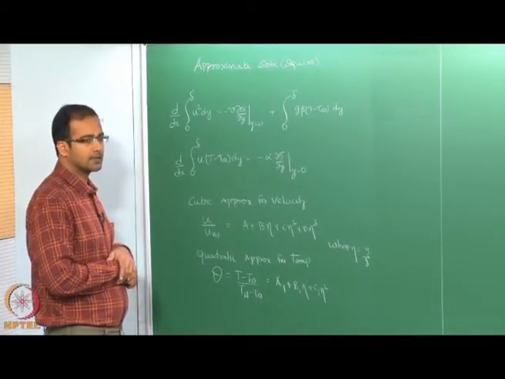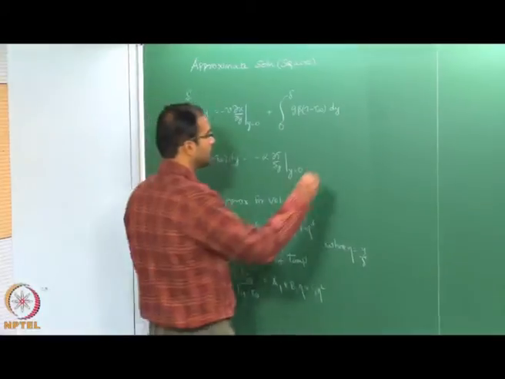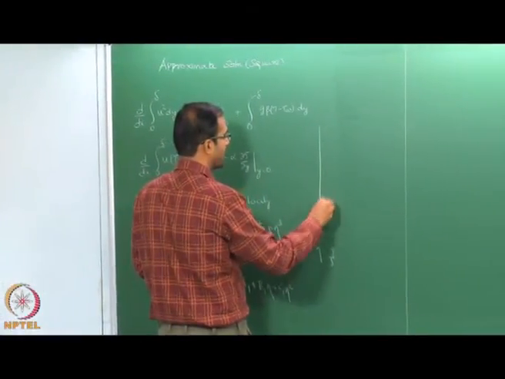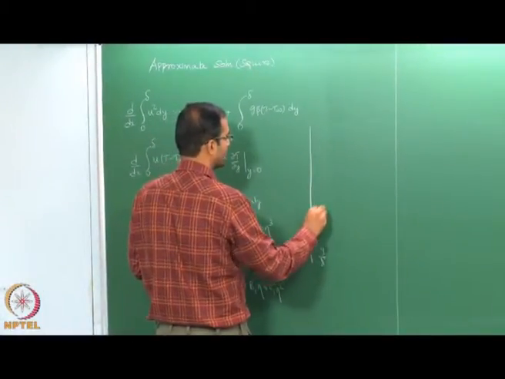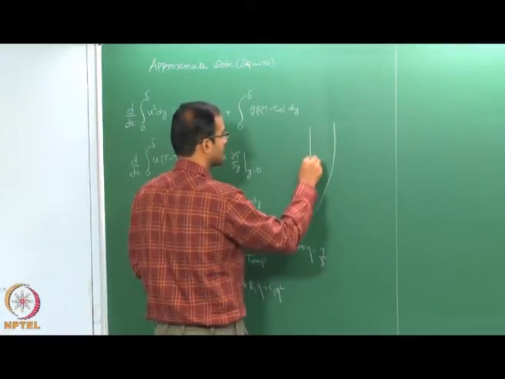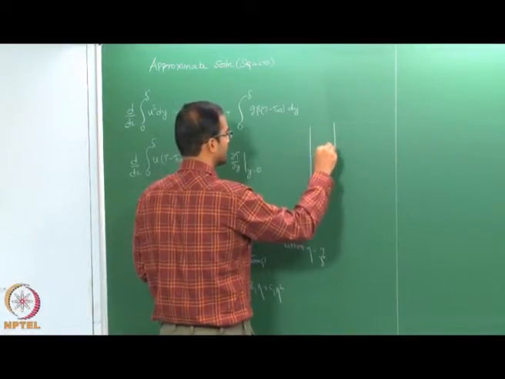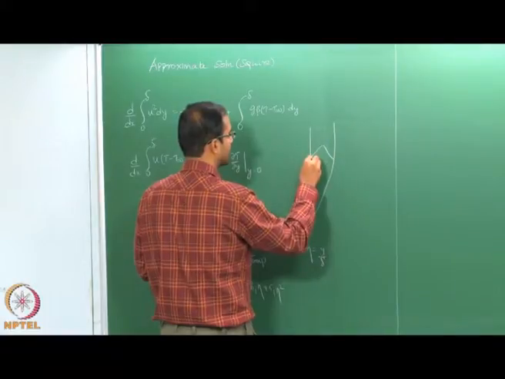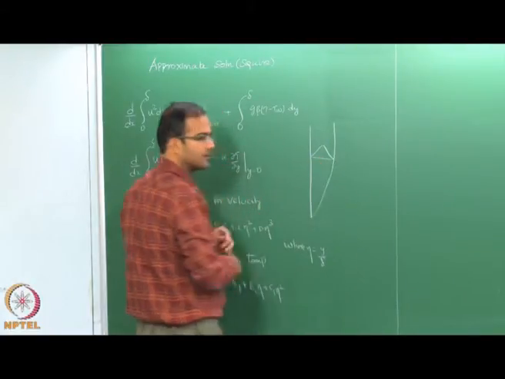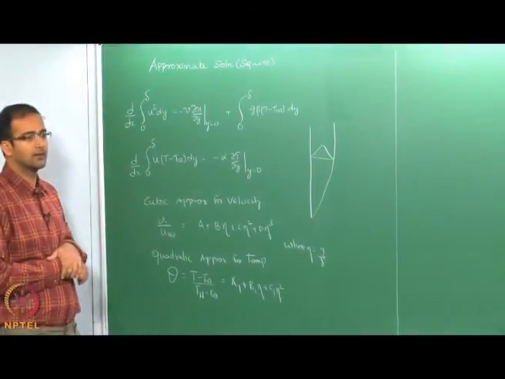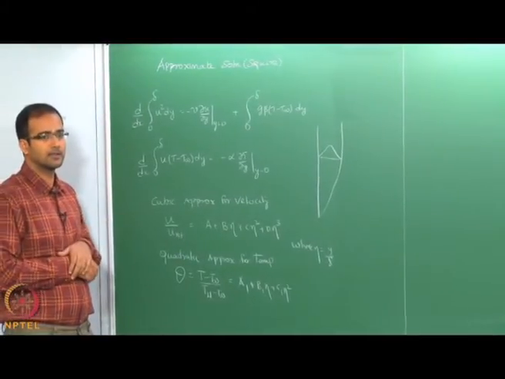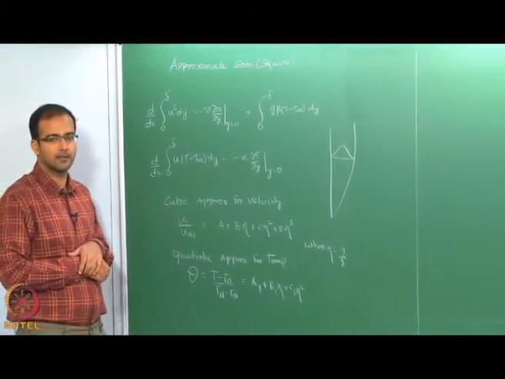So, in this case, since the natural convection problem has a maxima in the velocity profile somewhere within the boundary layer, something like this, we have to be careful to choose a reasonably good approximation for this variation.